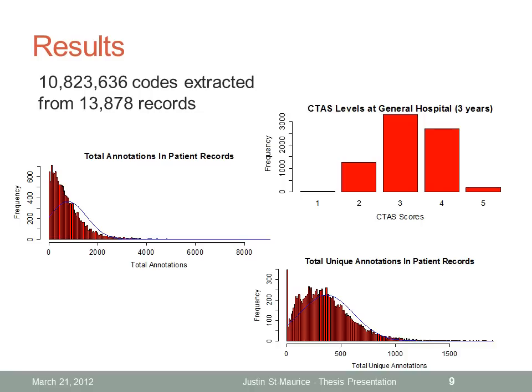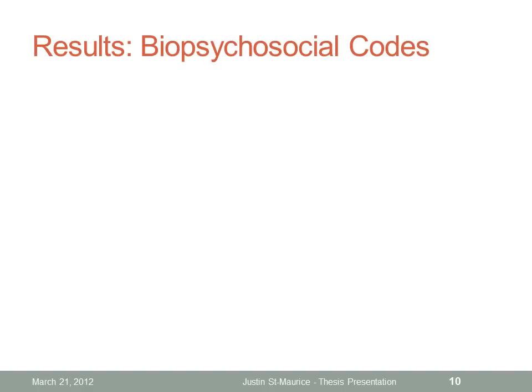So on average there was about 400, 500 or so different biopsychosocial codes or other codes that existed inside the record for each patient chart. In the top right, you'll also see the breakdown of the CTAS levels that occurred at the general hospital. The most common was 3, as you can see, but 4 and 5 were what were considered inappropriate.